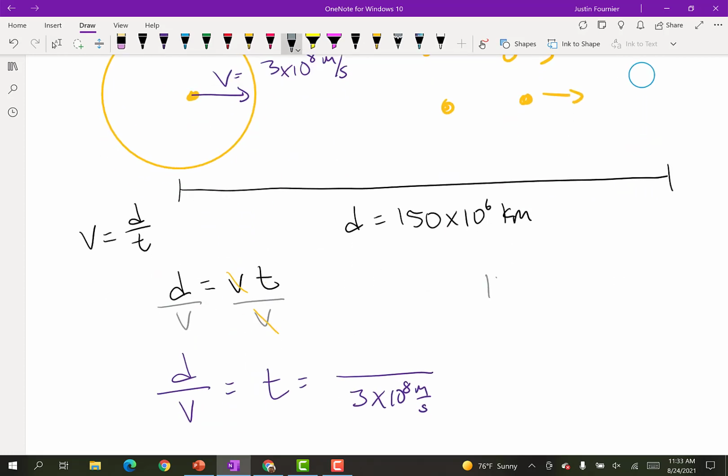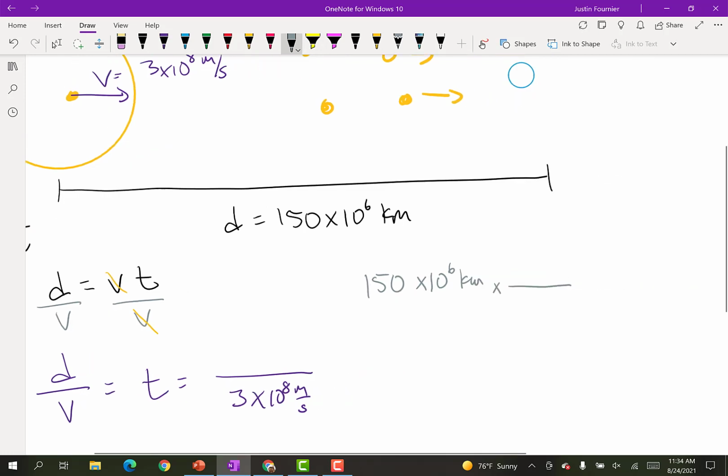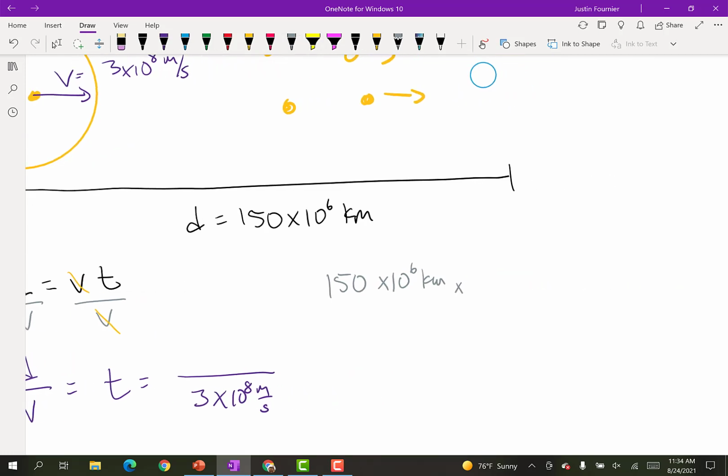So I do a conversion just like I did back in chemistry. 150 times 10 to the 6 kilometers times 1,000 meters over 1 kilometer. I put the kilometer on the bottom because I want to cancel it with that kilometer. So I get 150 times 10 to the 6 times 1,000.